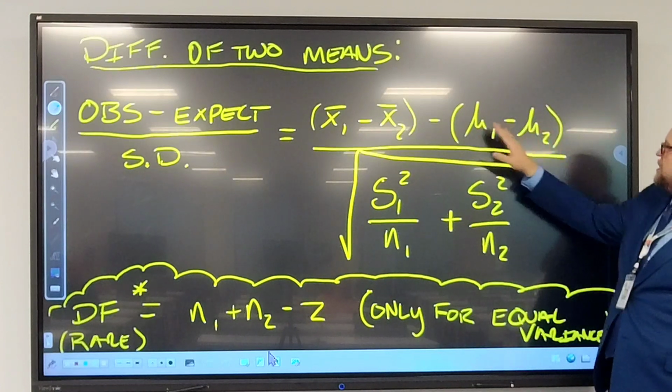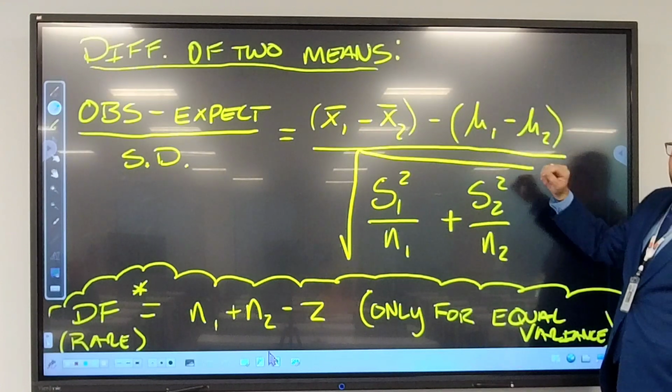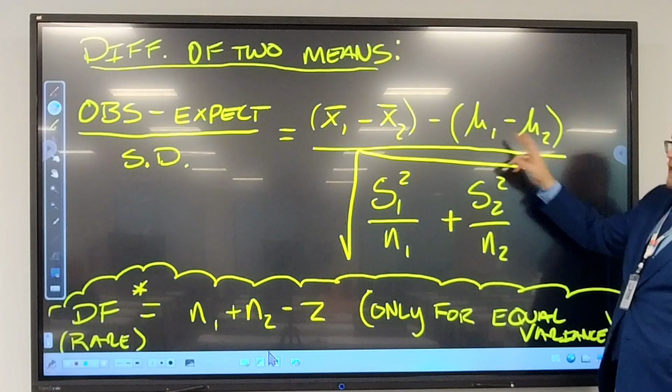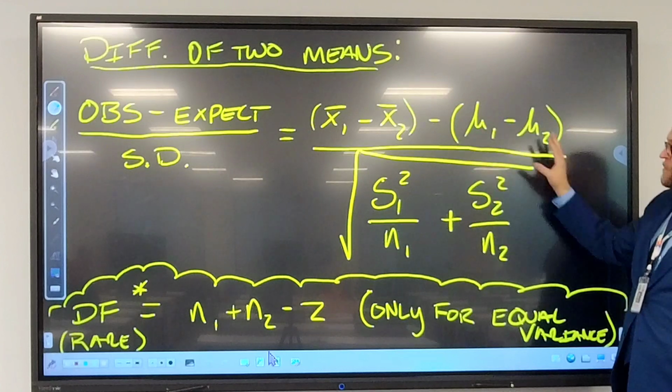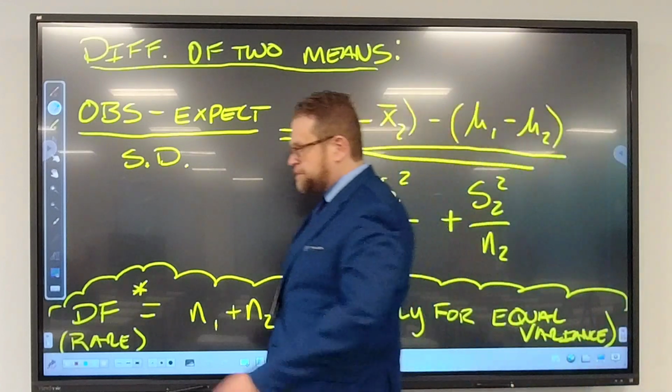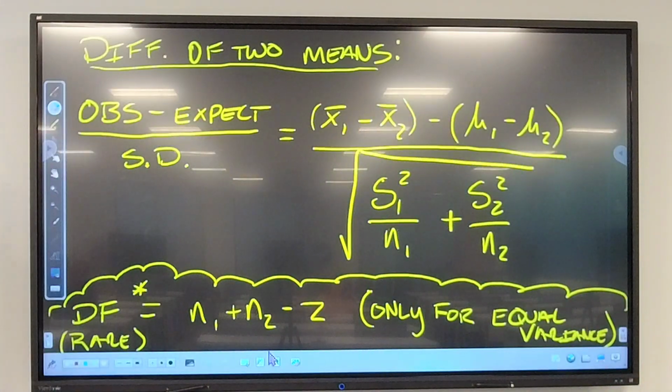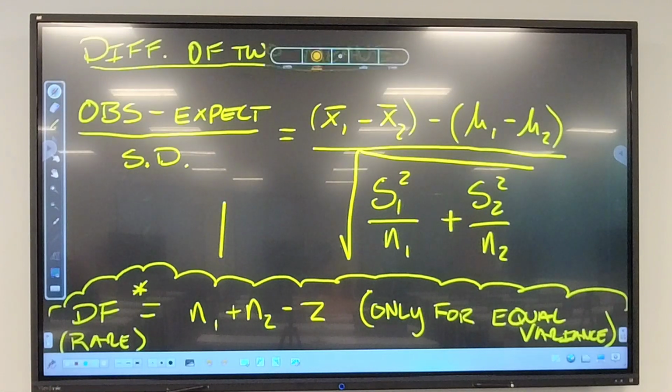My question might be, did they come from the same population? If they came from the same population, then N1 and N2 are the same number. So this quantity would be 0. So oftentimes this thing simplifies, and you can only use this degrees of freedom if you know the population variance for each is the same.